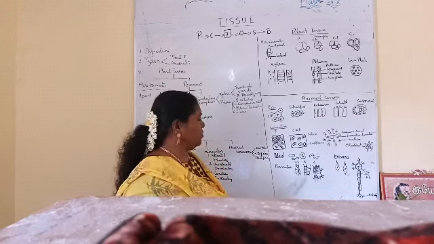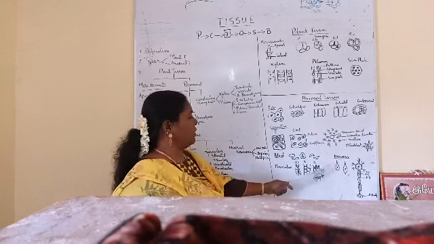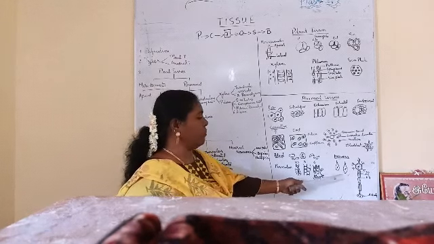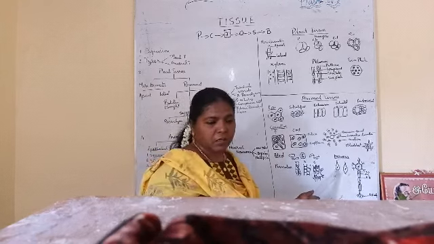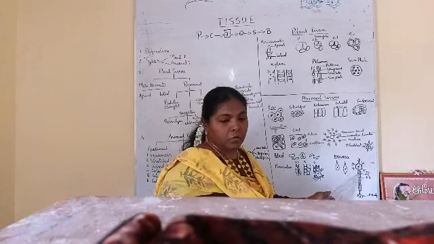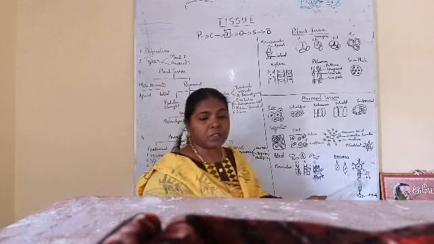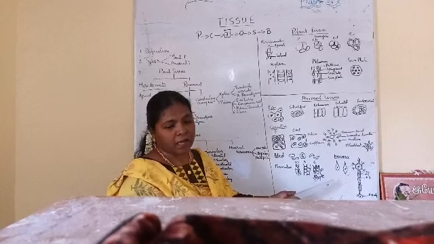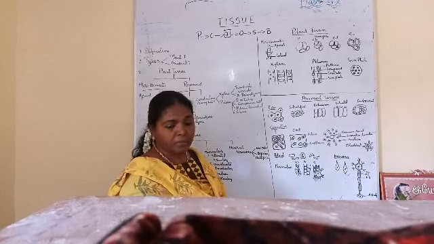Then muscular tissue: unstriated, striated, cardiac. Then nervous tissue made up of neurons: unipolar, bipolar, and multipolar. Draw and label, describe the structure of a multipolar neuron is one of the repeated questions they used to ask. I hope you have understood everything.